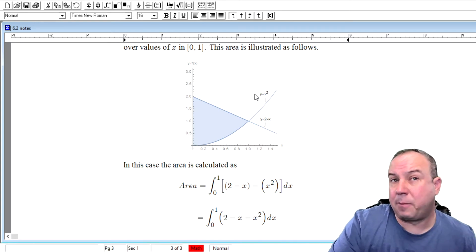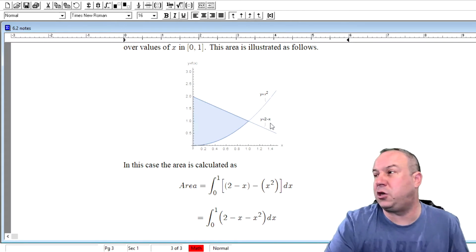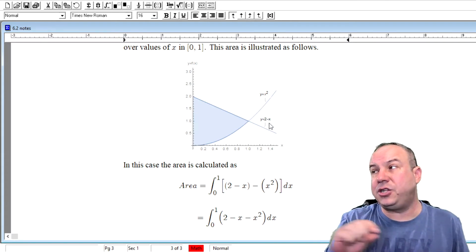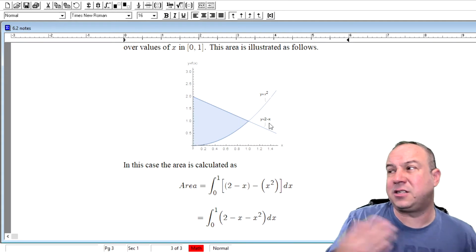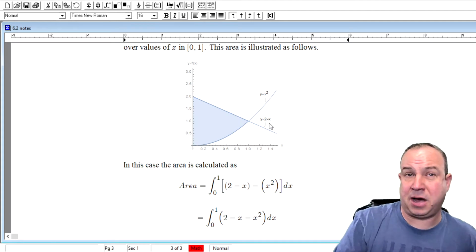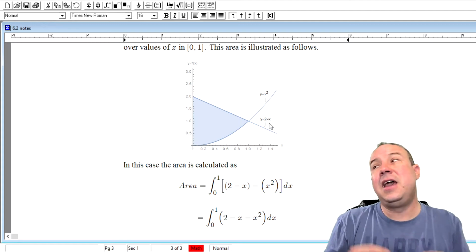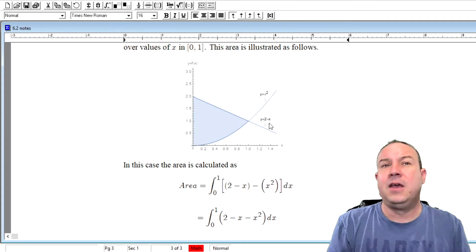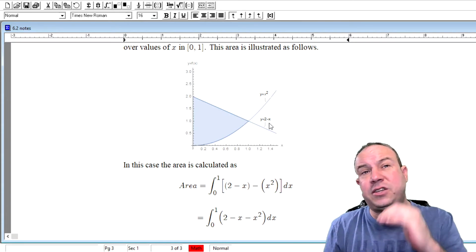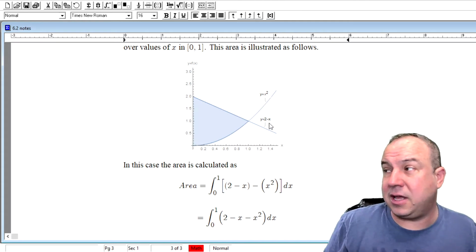When we approached the scenario given above, y equals x squared and y equals 2 minus x, these were relationships between y and x where the dependency was already illustrated as y dependent upon x. We're going to see that this is not always the case, and sometimes we're going to get to choose our dependency, depending upon the orientation that we want to use as we set up this area calculation.